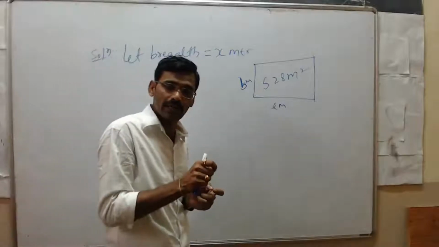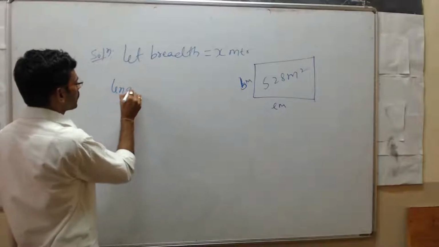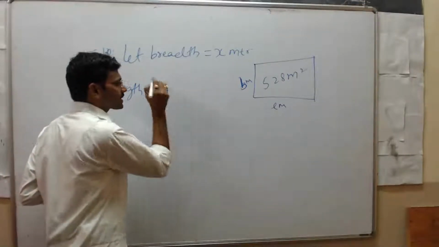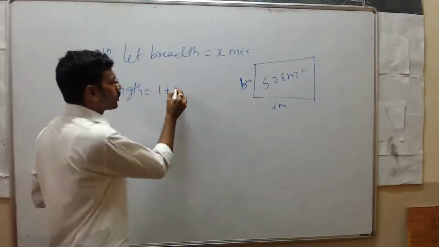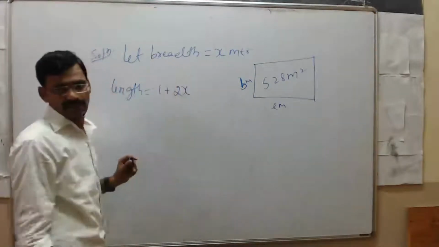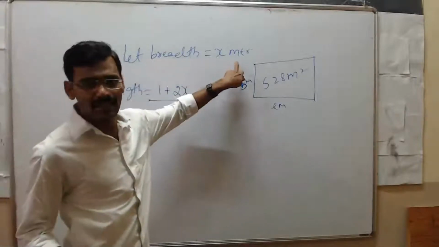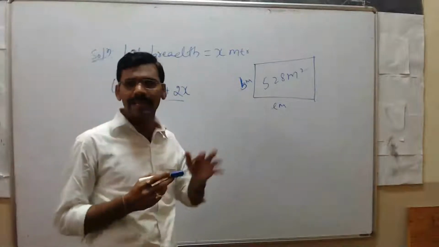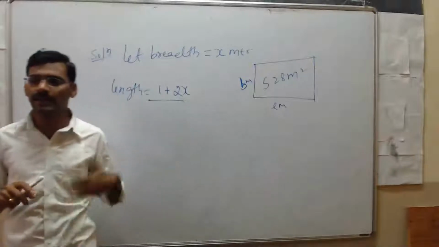One meter more means 1 plus twice its breadth. Twice means 2, and its breadth value is x. Therefore, length is 1 plus 2x, because the area of the rectangular plot is 528 meters square.